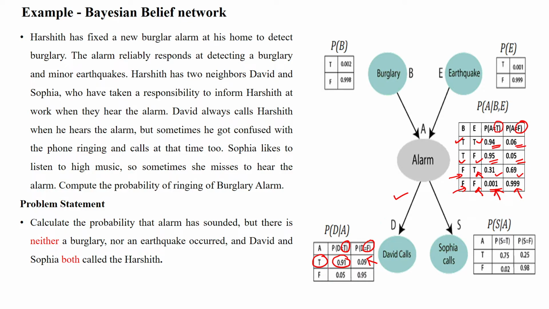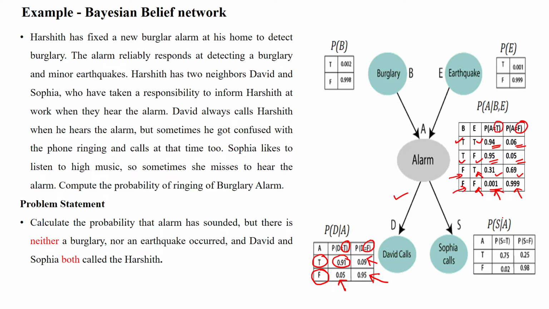And even though the alarm is not ringing, there is a possibility of making the call due to the phone ringing sound, 0.05. So not making the call is 0.95.